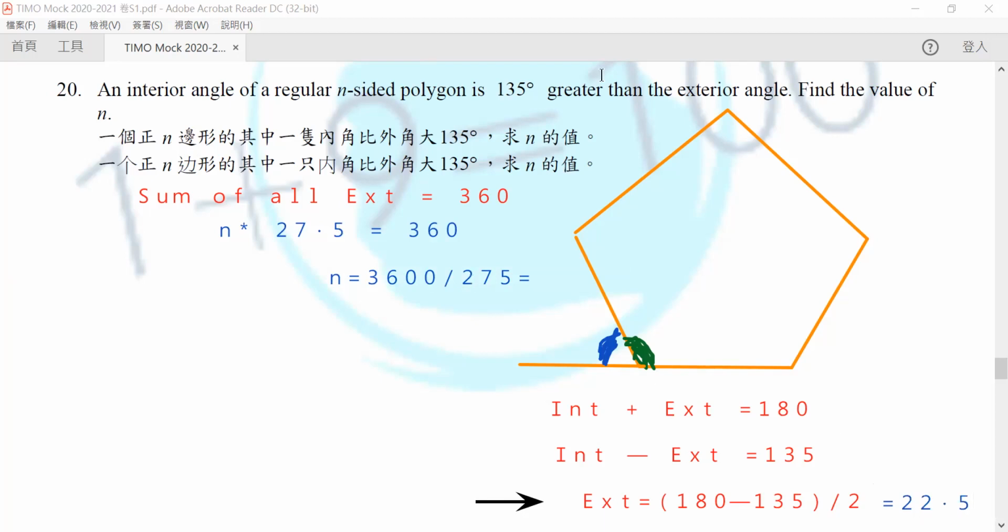Geez. So this must be n times 22.5. Yes, thank you. It is equal to 360. So then we know that n must be equal to 16. We just divide both sides by 22.5, and hence it is 16.